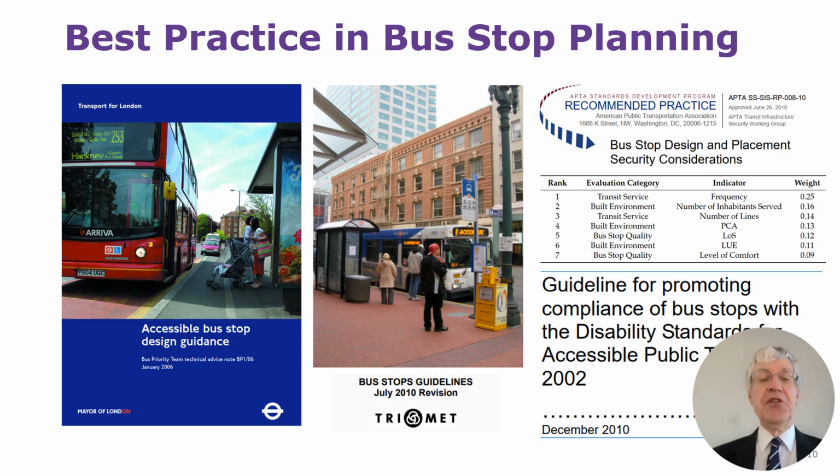The American Public Transportation Association, known as APTA, in Washington, D.C., with the Recommended Practice for Bus Stop Design and Placement, and the Guideline for Promoting Compliance of Bus Stops with the Disability Standards for Accessible Public Transport 2002, issued by the Australian Human Rights Commission in 2010.